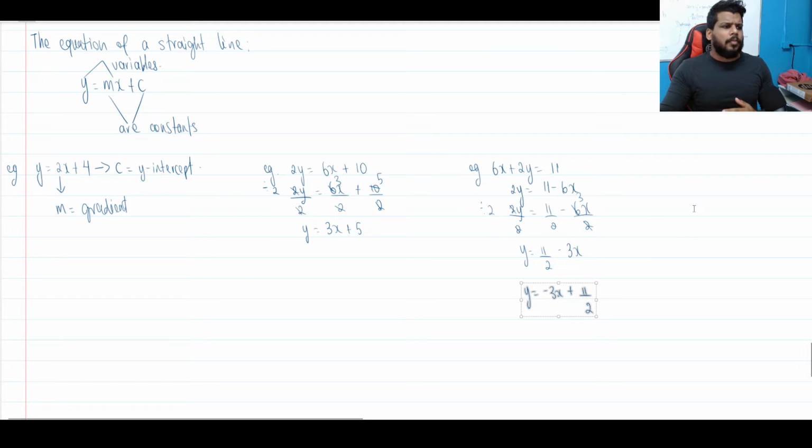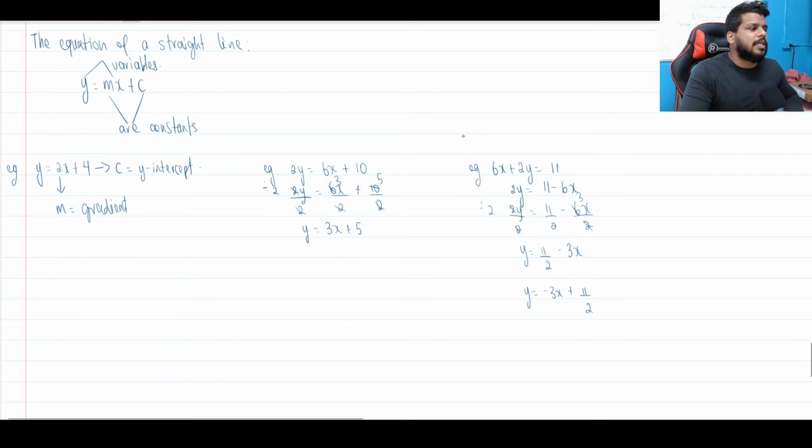Now that we have learned about transposing an equation, or making the equation look like the equation of a straight line where I can read information, in each of these cases there are statements I would like you all to write.